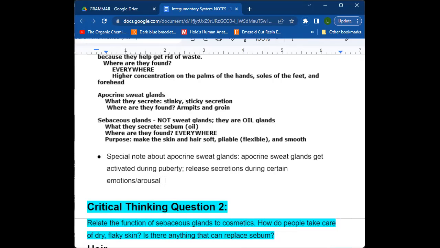And so those oil glands, right, they secrete sebum, and the sebaceous glands are really supposed to be found everywhere, all over the body. And basically, they're going to help keep the hair and the skin very soft and smooth and flexible.